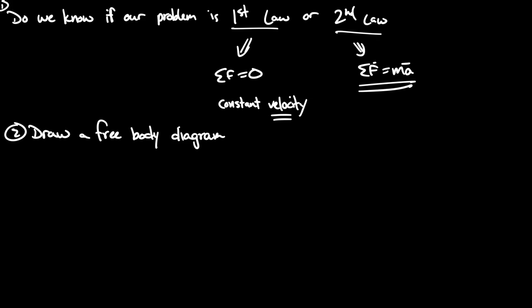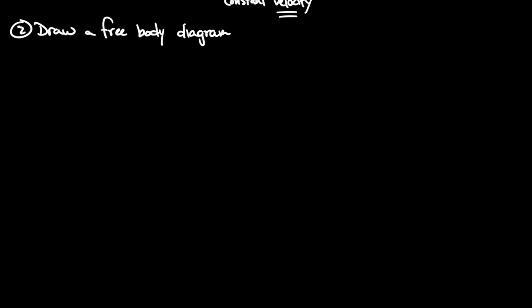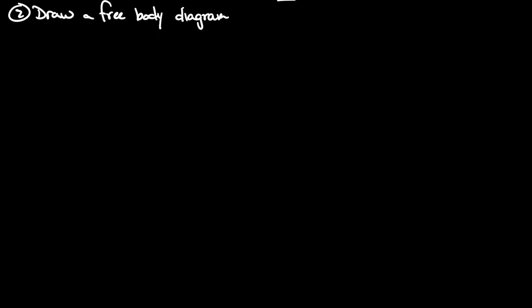And they're going to be vicious in their application of credit. You can't have any extra forces. You can't have too few forces. If you want these points, your picture has to be spot on. Moreover, they may give you no credit just because they don't like how messy your drawing is. So be aware that when we're talking about a Newton's law free body diagram problem, you better break out the ruler.